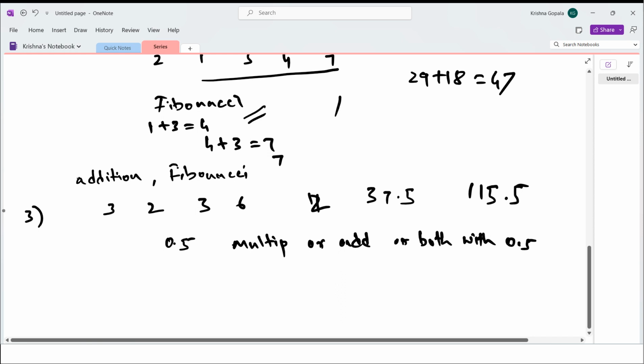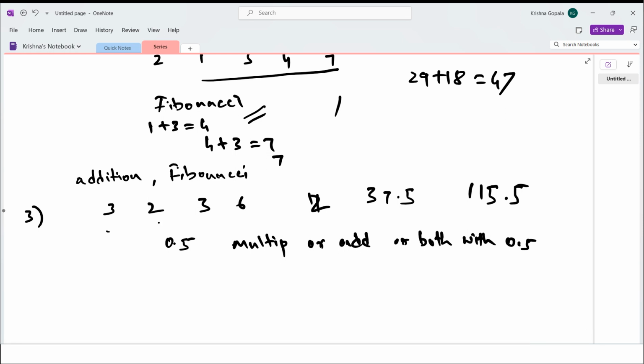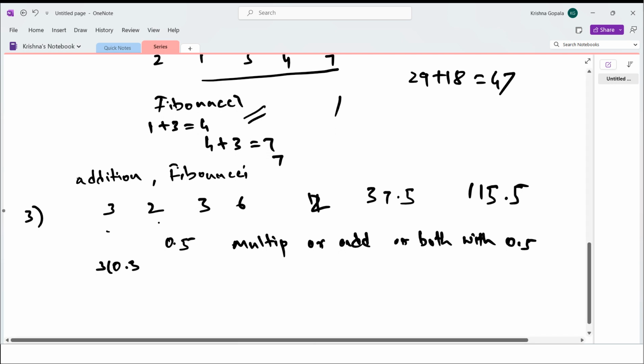3, you have to make it as 2 using some kind of 0.5. If you look closely, 3 into 0.5 plus 0.5. How much is this? 3 into 0.5 and 0.5 plus 0.5 is 2. Similarly, 2 and 3. How do you make 2 as 3? 2 into 1.5 is 3, right?